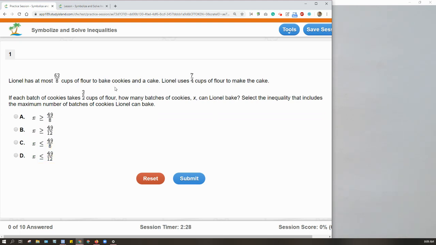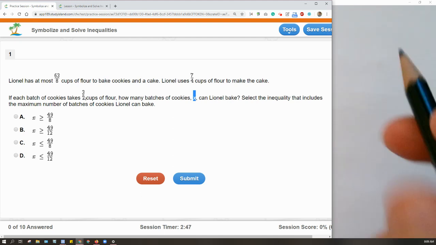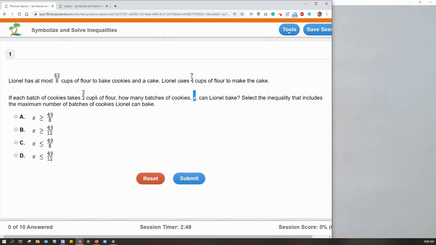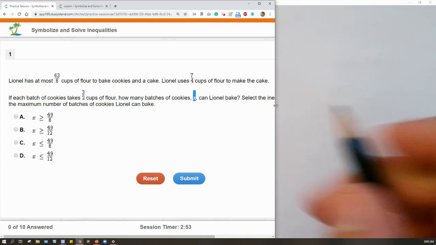So let's go ahead and write and solve an inequality for this problem. 63/8 cups of flour max. That's how much he has. He uses up 7/4 right away. So 7/4 is gone, and every batch of cookies takes 3/2 cups. So we can write the following inequality. We have 3/2 cups times the number of batches, because every batch takes 3/2 cups.